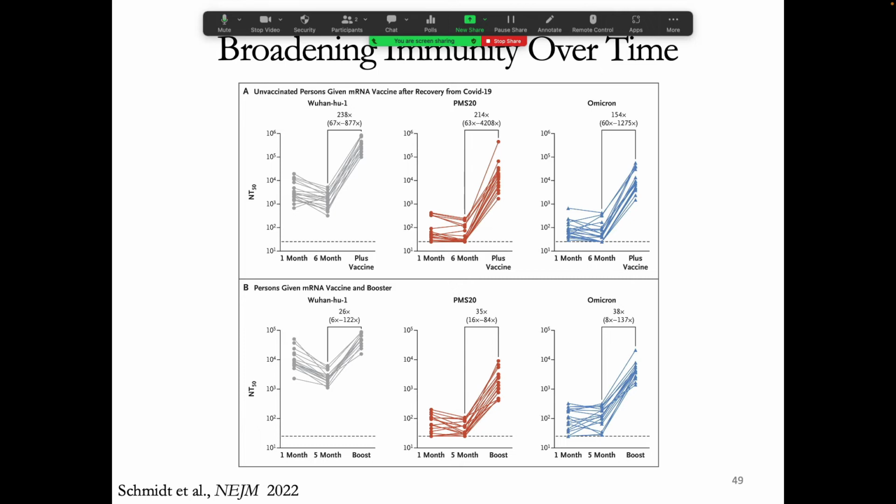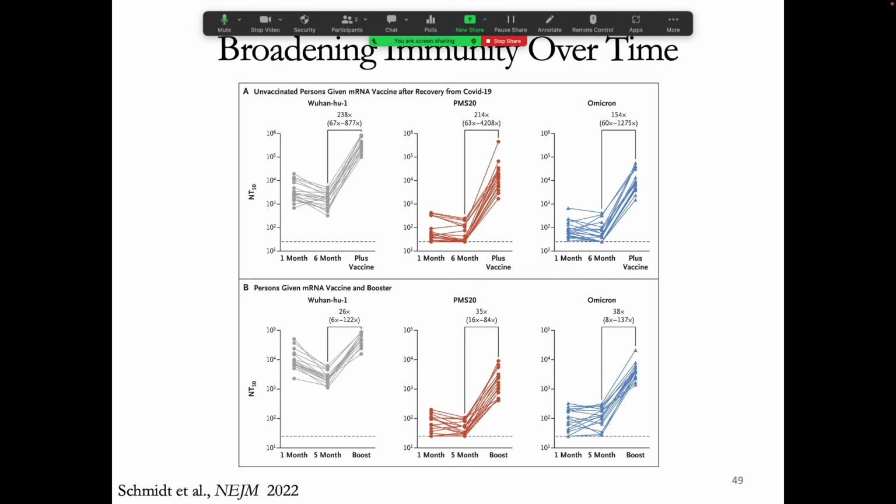You're looking at neutralizing titers. So basically, how much neutralizing antibody is there in these different patients? Here you can see a person who was infected, at 1 month after infection. They have some neutralizing antibodies, specifically against the normal strain of COVID.